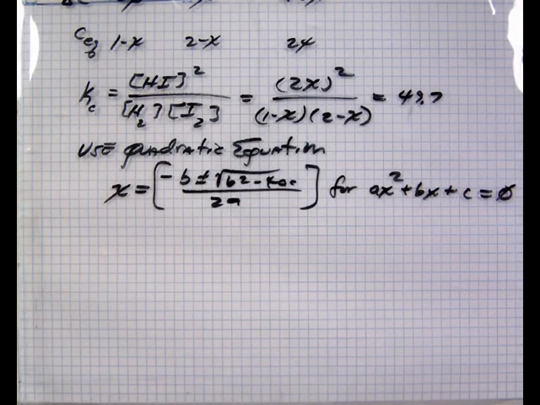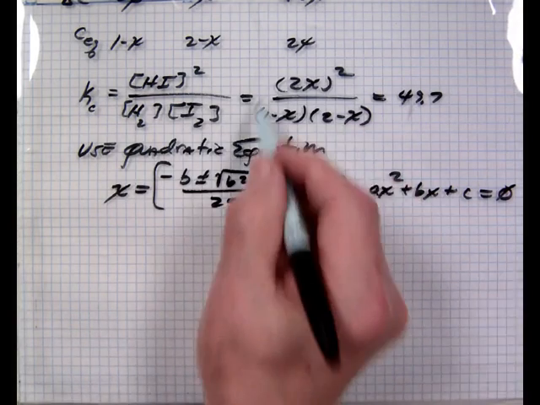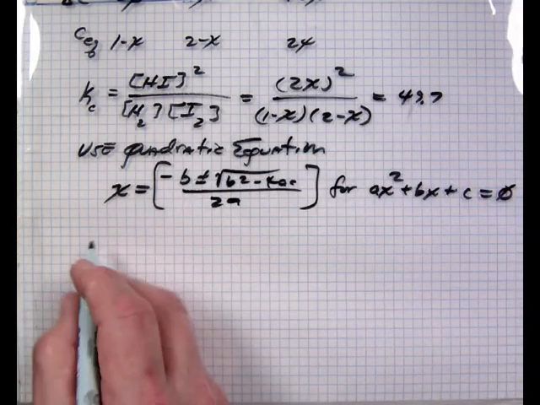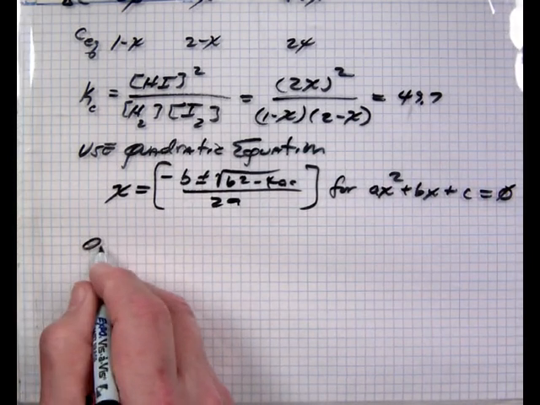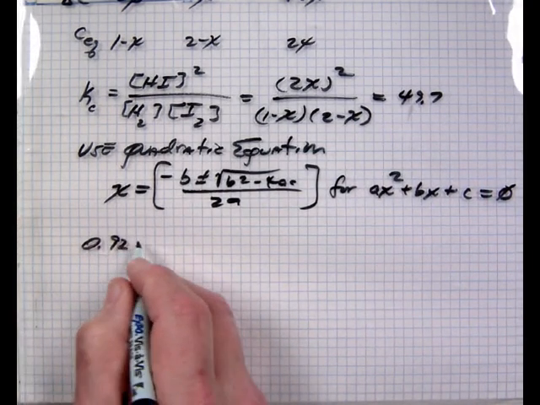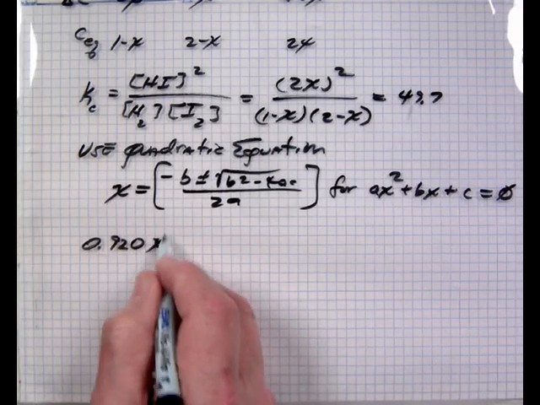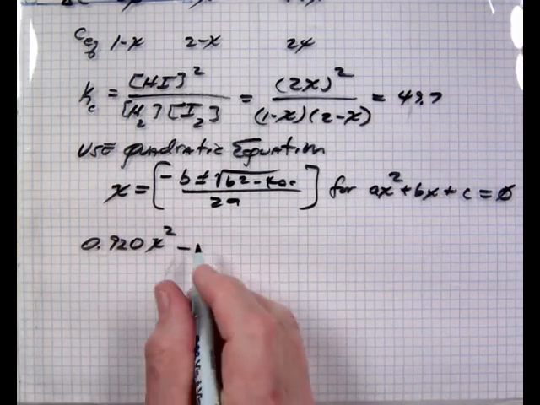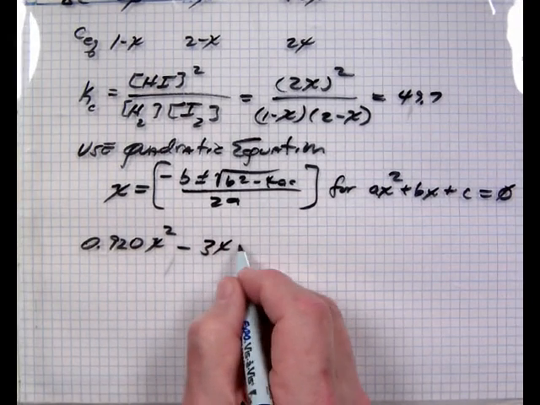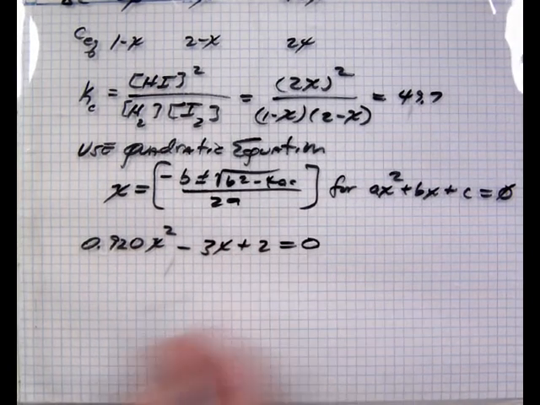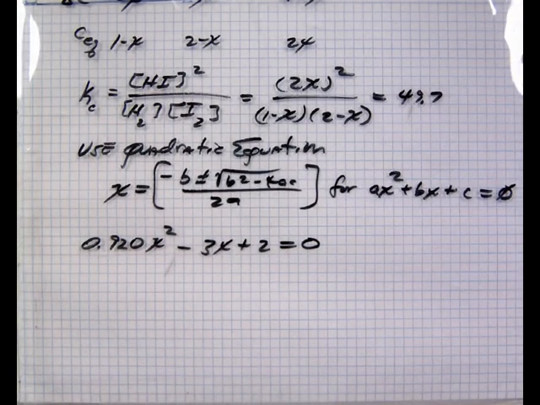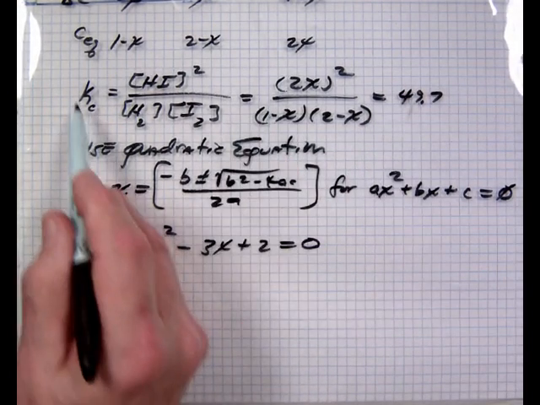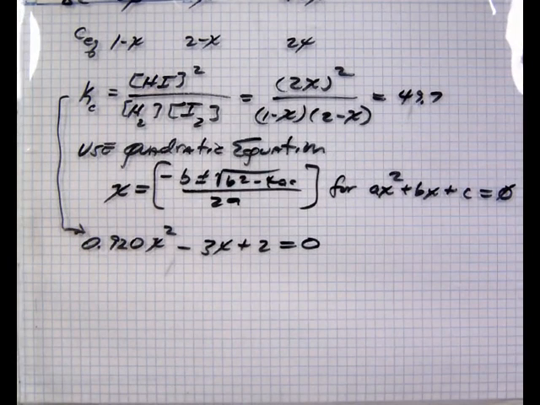All right, so I've simplified this expression to the following based on the numbers that we have there, and this will come out as 0.920x squared minus 3x plus 2 equals 0. And so that expression simplifies to that.